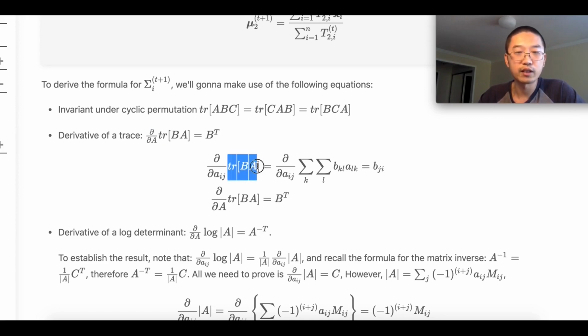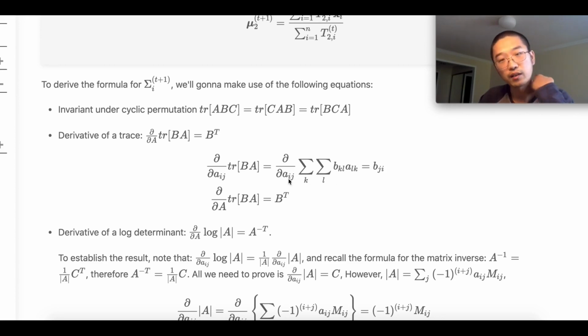So we take the definition of the trace. That will be the double sum going through the elements of B and the elements of A: the k-th row, l-th column element of B times the l-th row, k-th column element of A. If you take the derivative with respect to Aij, only the term where k equals i and l equals j survives, because the other terms are constant with respect to Aij.